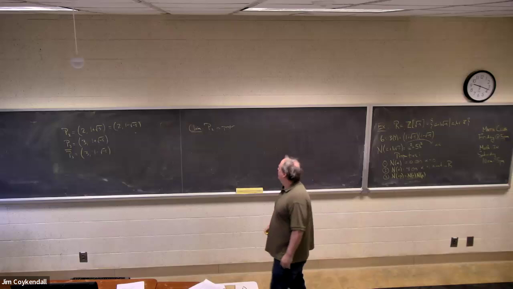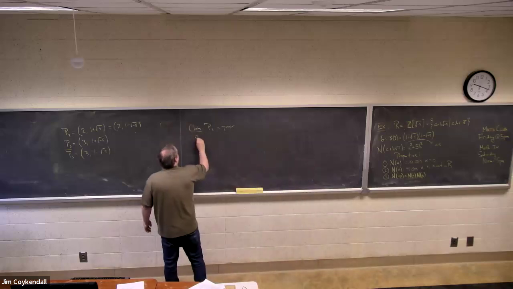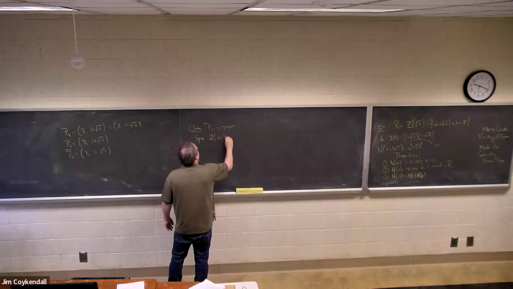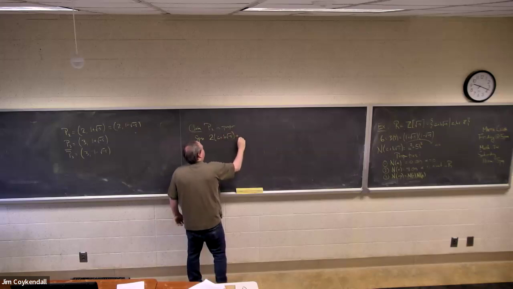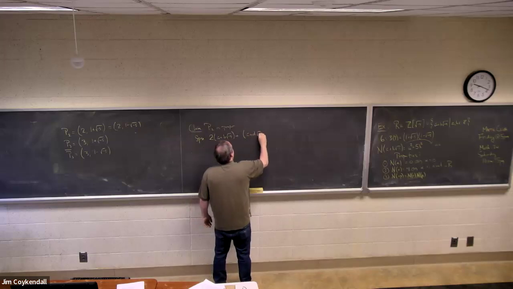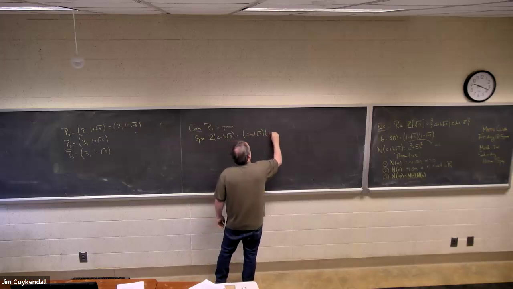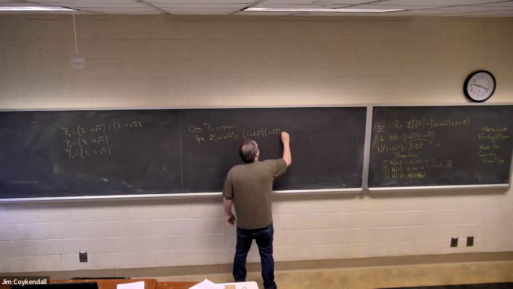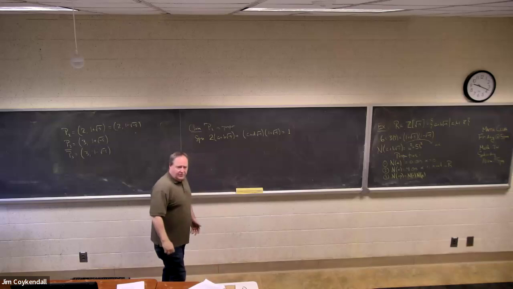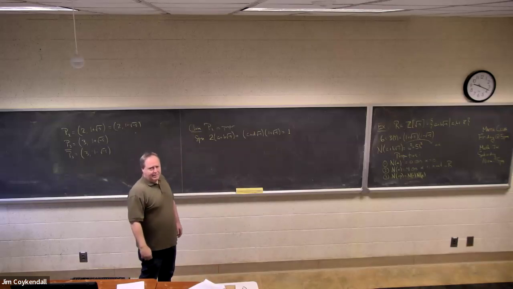By way of contradiction, let's suppose 2 times A plus B radical negative 5, plus C plus D radical negative 5 times 1 plus radical negative 5, is equal to 1. Let's just suppose that could happen.